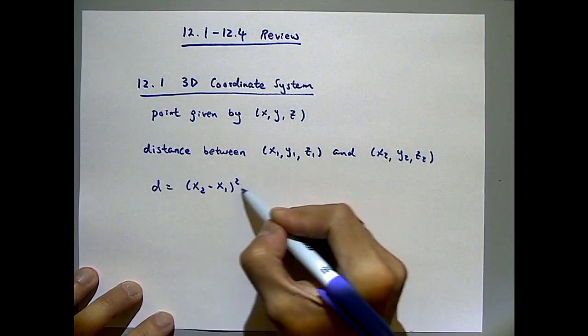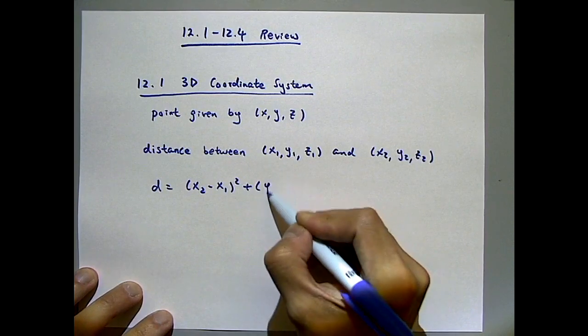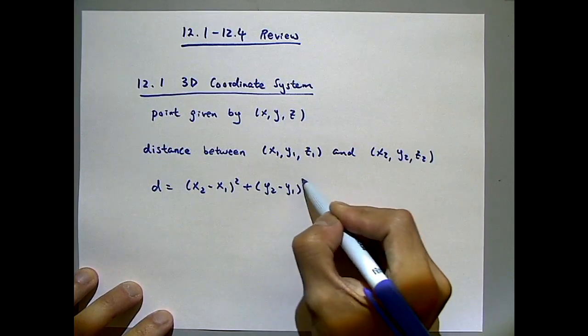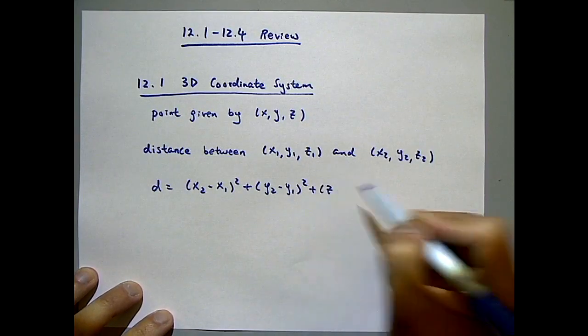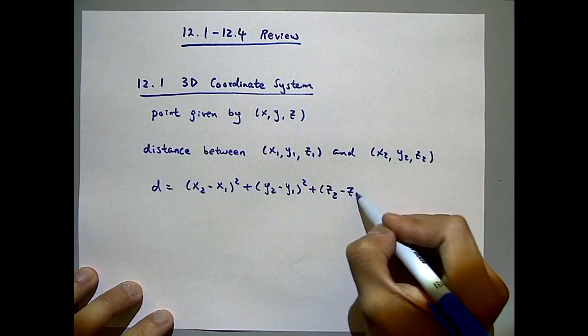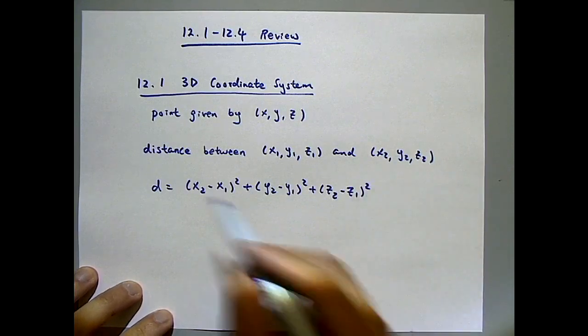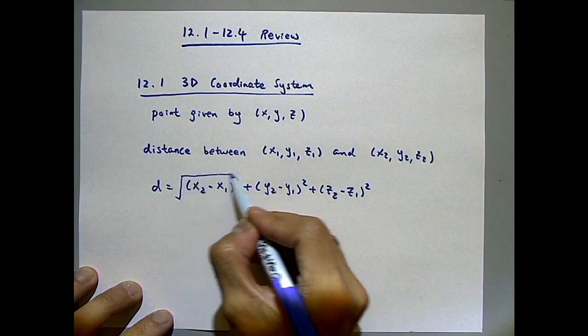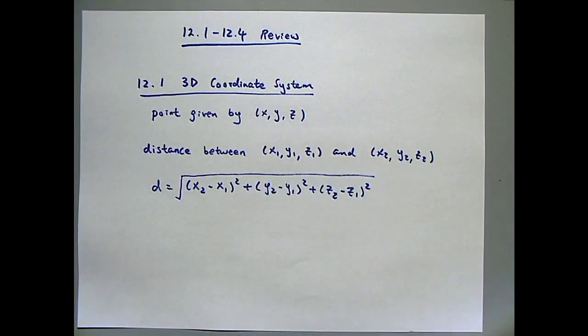Simply the difference of x, the difference of y, the difference of the z components, all of them squared under a radical sign. Right? You remember this stuff, I'm sure you do.